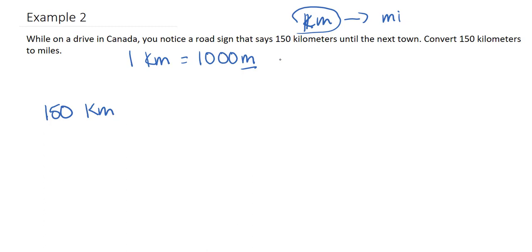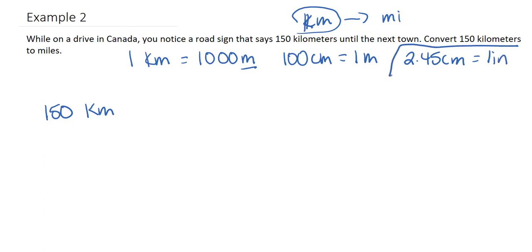Now we have meters. What else do we know? We know 100 centimeters is equal to 1 meter. Centimeters are a much smaller unit than meters. And why did I go to centimeters? The reason is, and this is something you really should know, that 2.54 centimeters is equal to 1 inch.